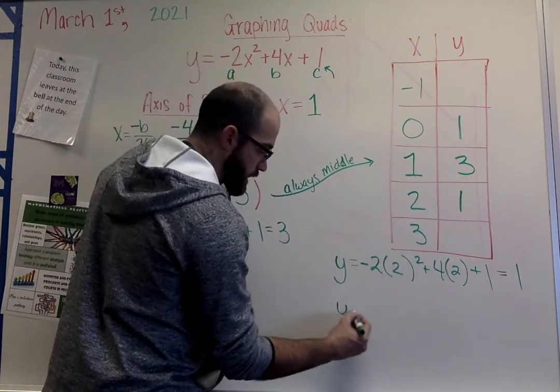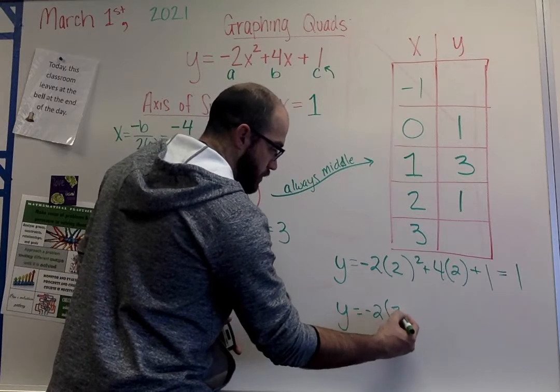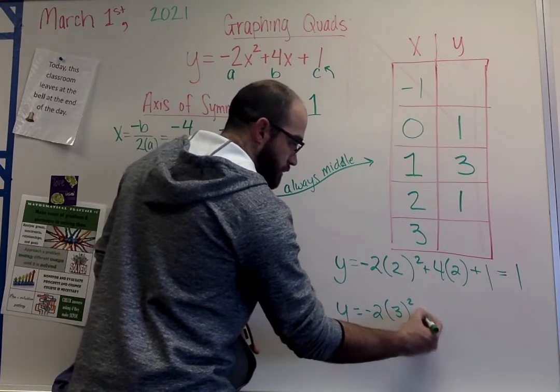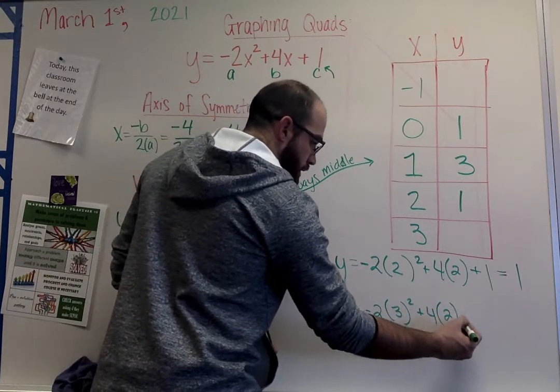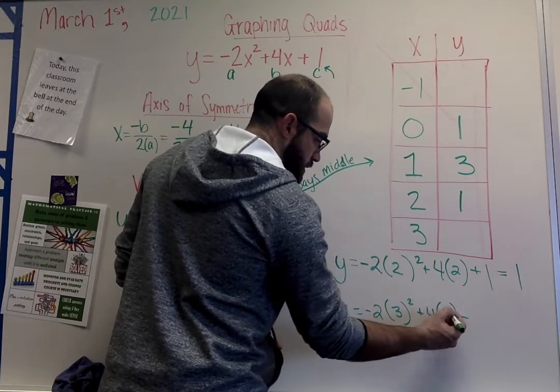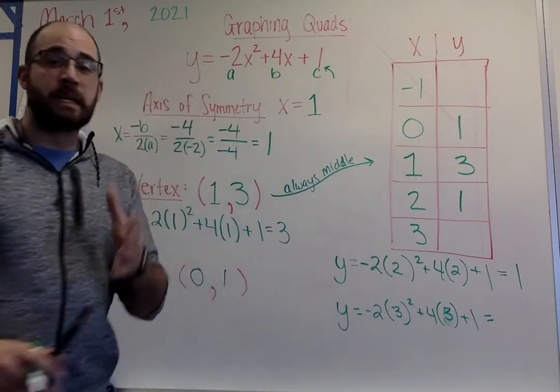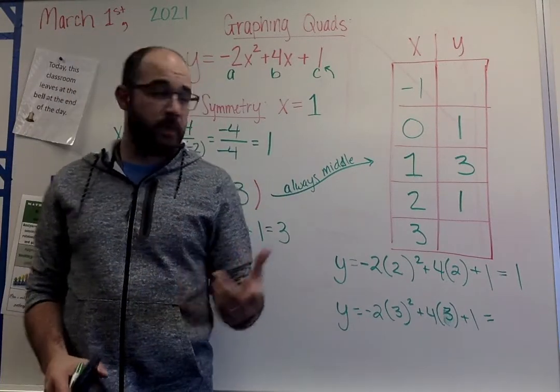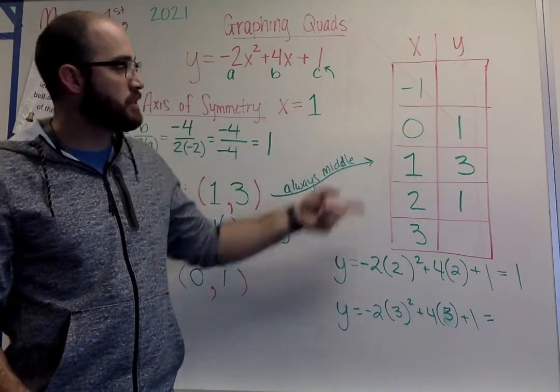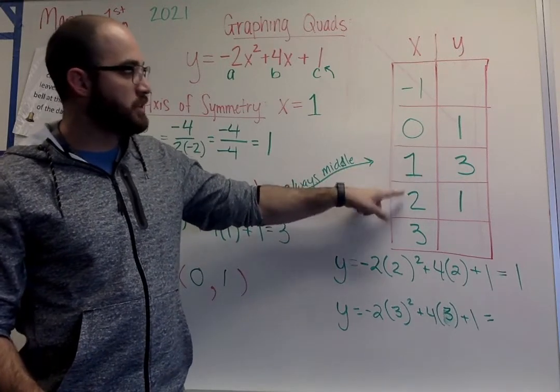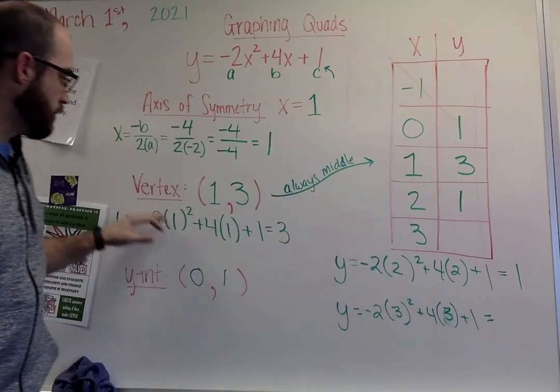So now I have y equals -2(3 squared) plus 4 times 3 plus 1. Again, some of you might be asking, Mr. Schultz, why did you pick these numbers for my x values? I'm just picking the numbers that are on either side of whatever I get for my vertex.